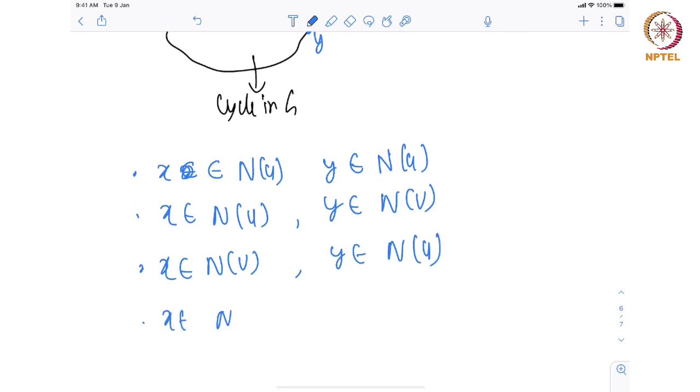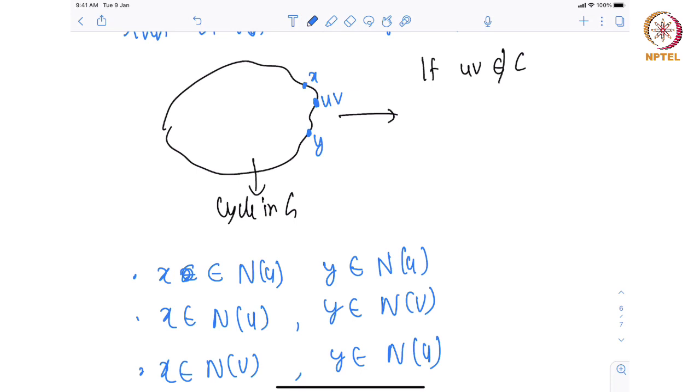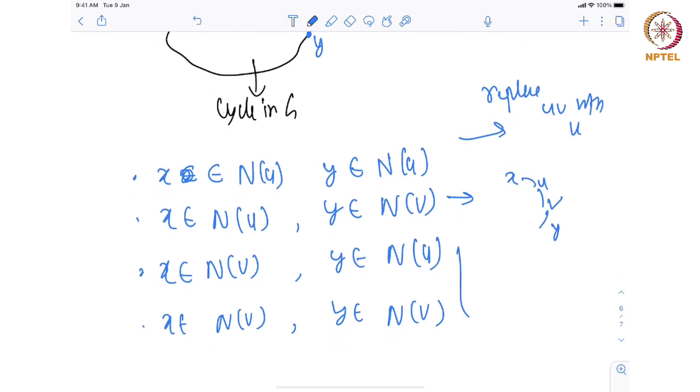X is a neighbor of v, y is a neighbor of v. These are the four possibilities. Now, if x is a neighbor of u and y is a neighbor of u, replace uv with u and then you get a cycle in G in this case. If x is a neighbor of u and y is a neighbor of v, then you take x, this edge and then y. So, the cycle length would not have shrunk. And similarly here.